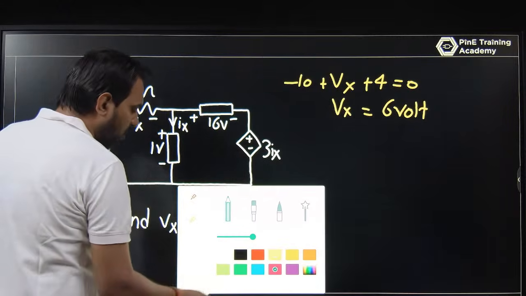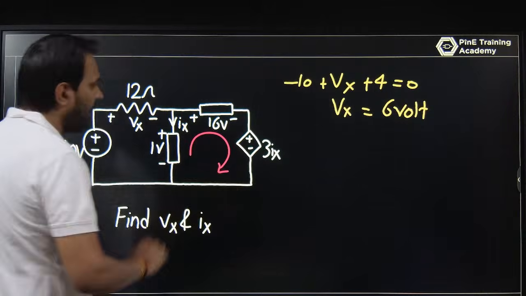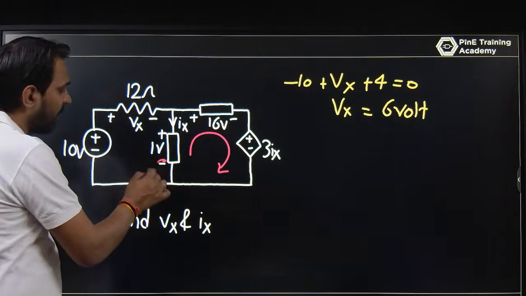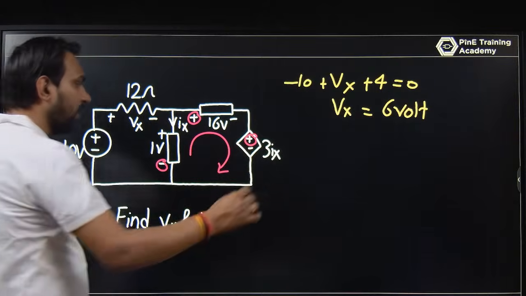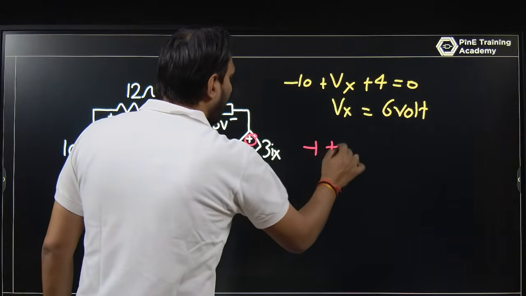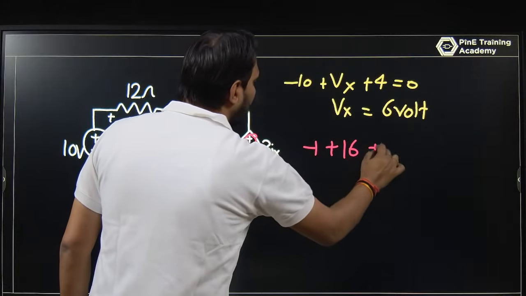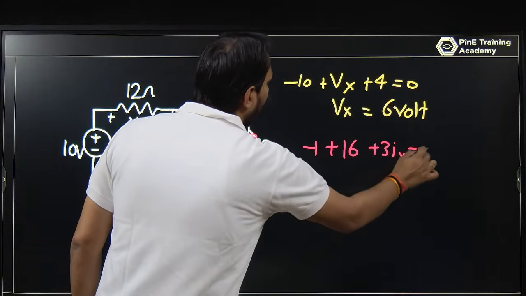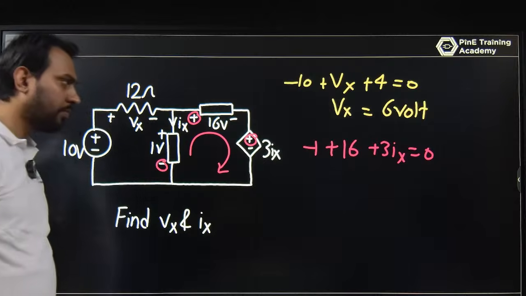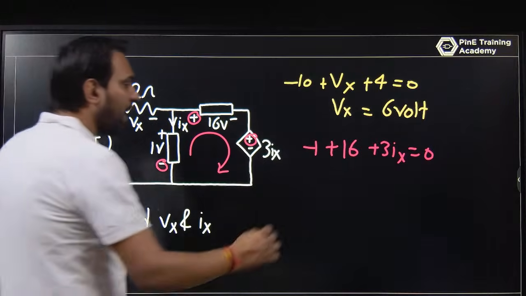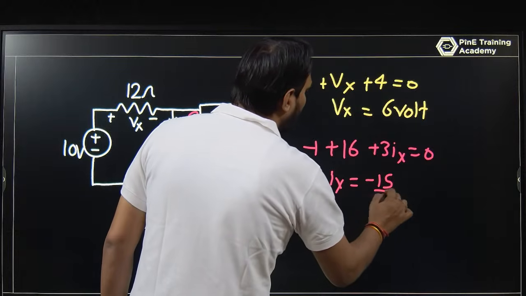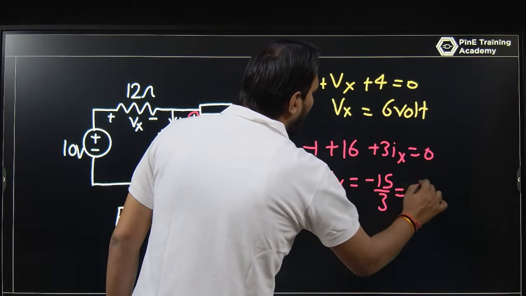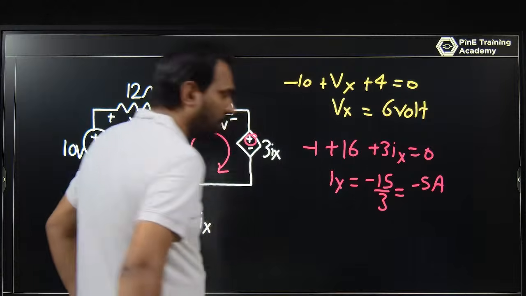By this loop, this is the first sign, this is the first sign, this is the first sign. So this is minus 1 plus 16 plus 3Ix is equal to 0. So Ix is equal to what? That is minus 15 upon 3. That is minus 5 ampere.